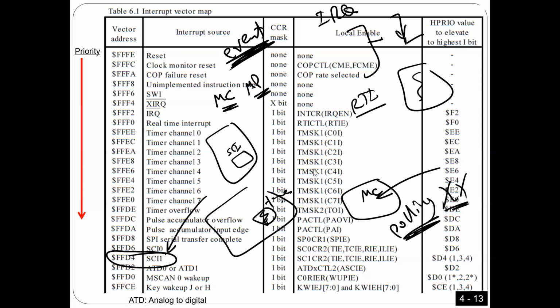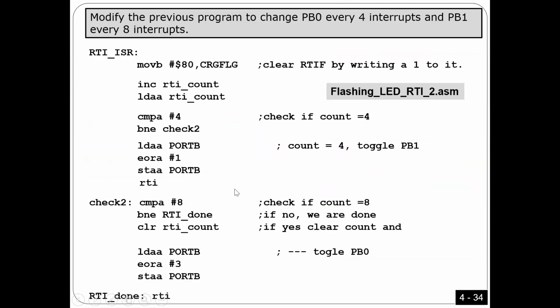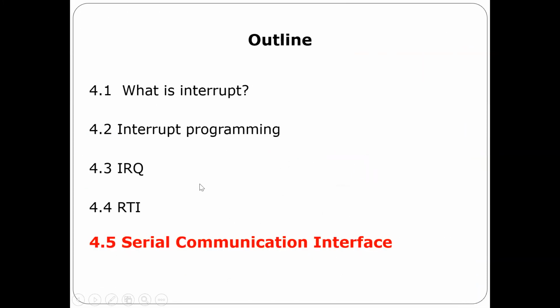And again, the good thing is the way we are going to program the interrupt here is very similar to the way we did it before. You still need the enable bit. Everything is almost similar to what we did before. Okay. Number two, our next point here. So let me go through it.